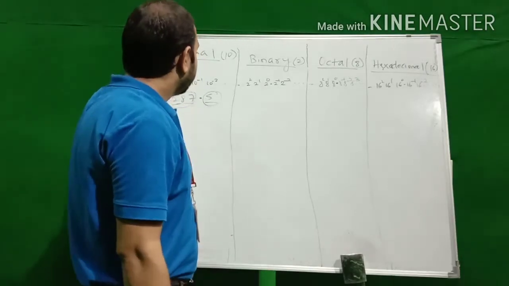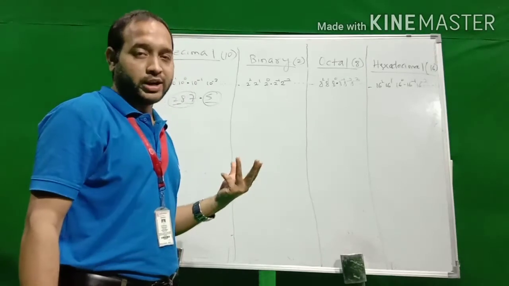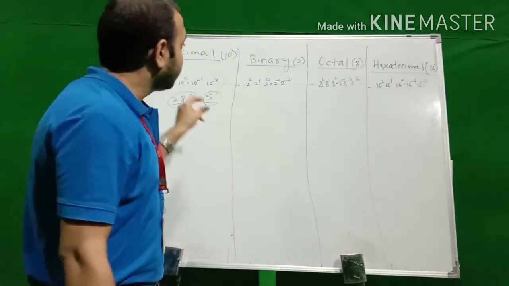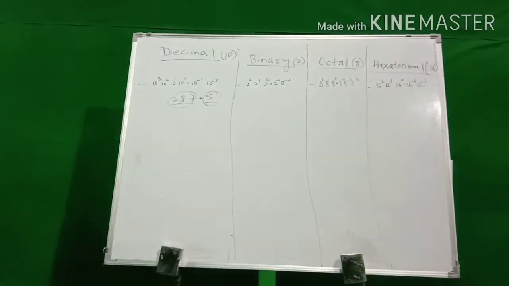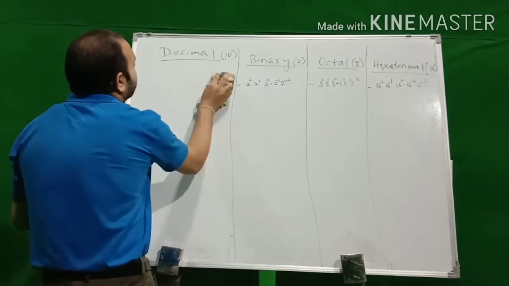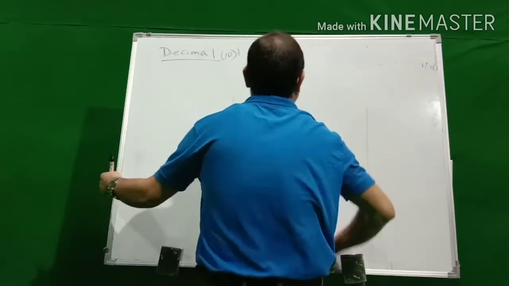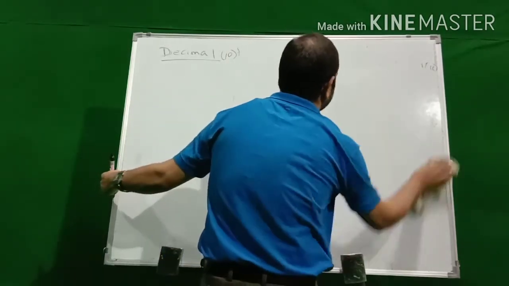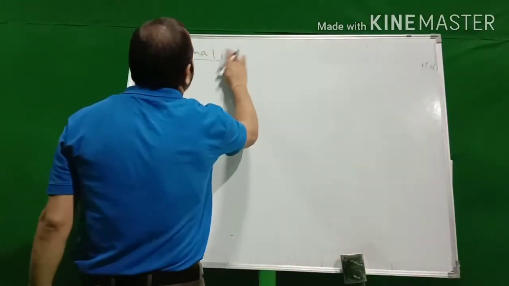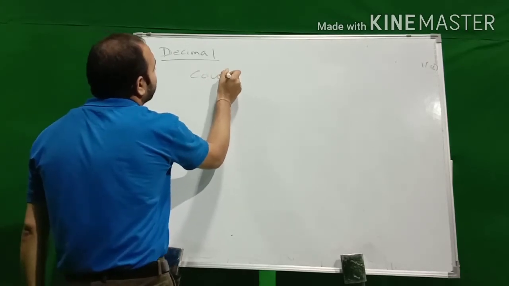Next I want to continue with counting, which is very important, and generally we do not focus on it. So in the decimal number system, how do you count?